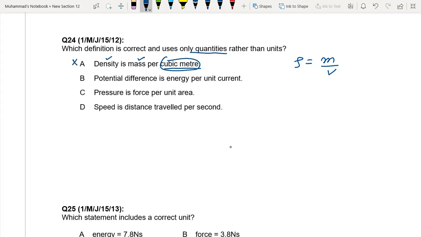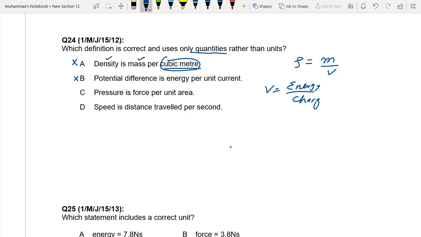So A is incorrect. Potential difference is energy per unit current. You know that potential difference is energy per unit charge. Although this expression uses all physical quantities, the definition is incorrect.